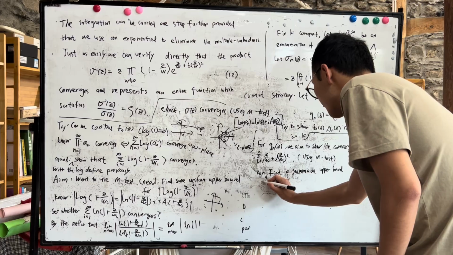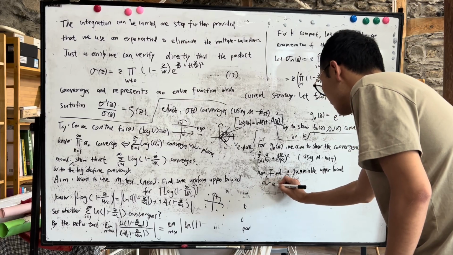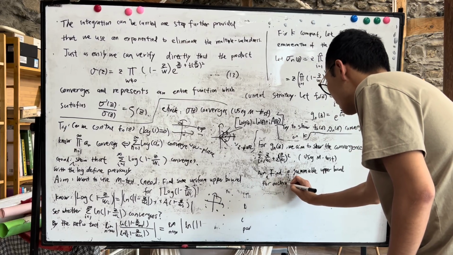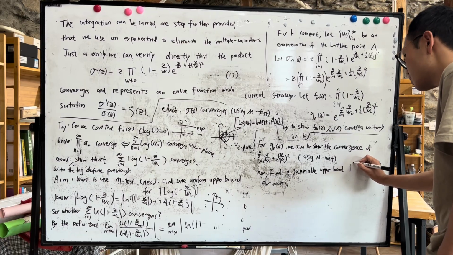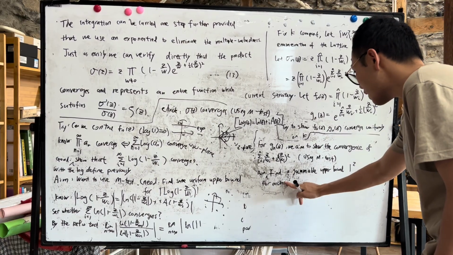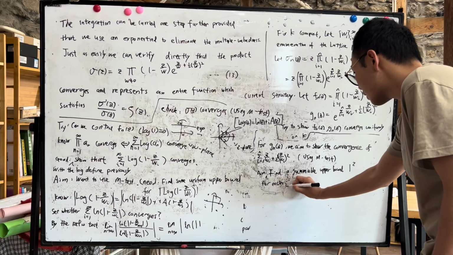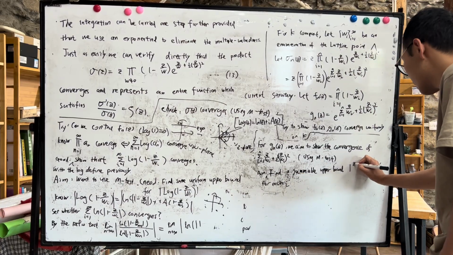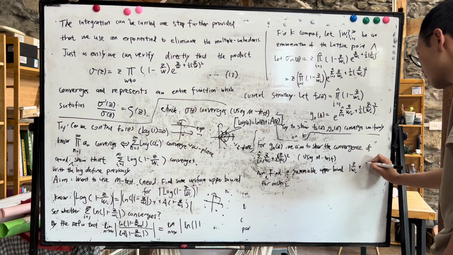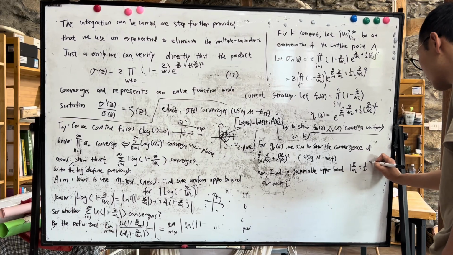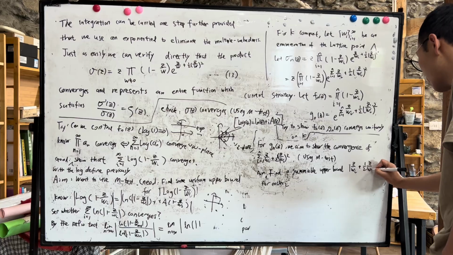For each i, find some upper bound for the modulus of z over omega i plus 1/2 (z over omega i) squared.